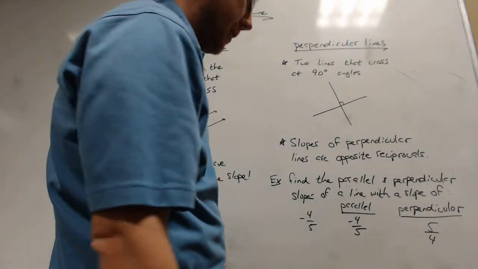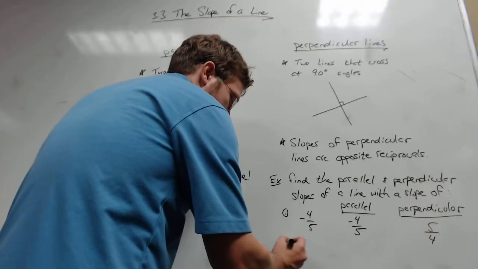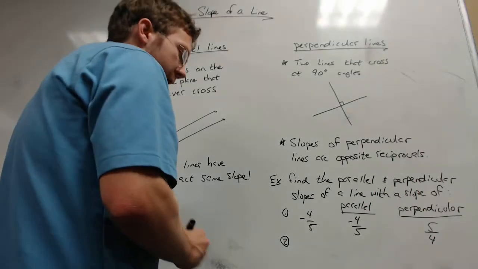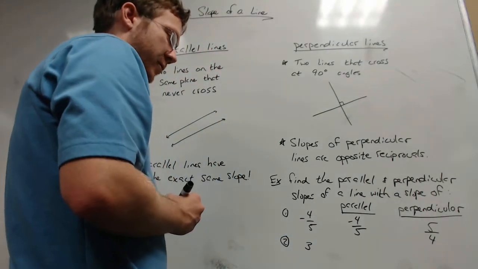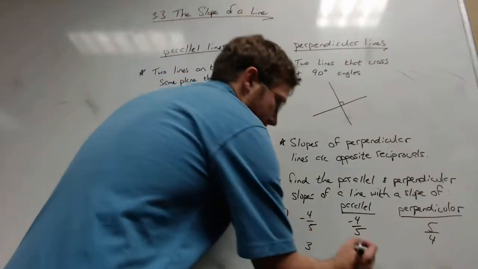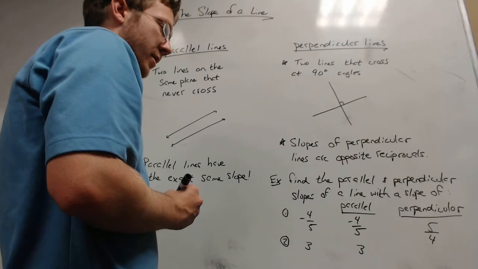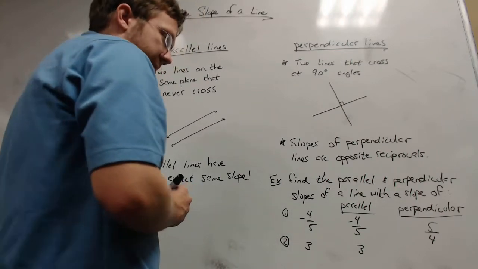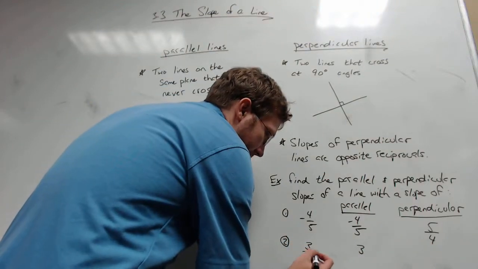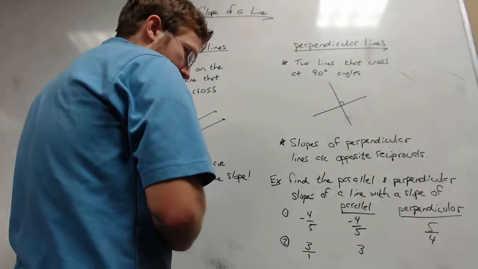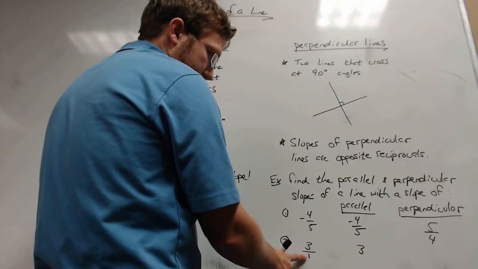Just to point out one other situation: this is my first example, this is my second example. If I had a slope of 3, obviously a parallel line better be a slope of 3 as well. And for the perpendicular line, remember, if we're dealing with a whole number, we can always think of it as a fraction. So if we have a slope of 3, think of it as 3/1, rise over run.